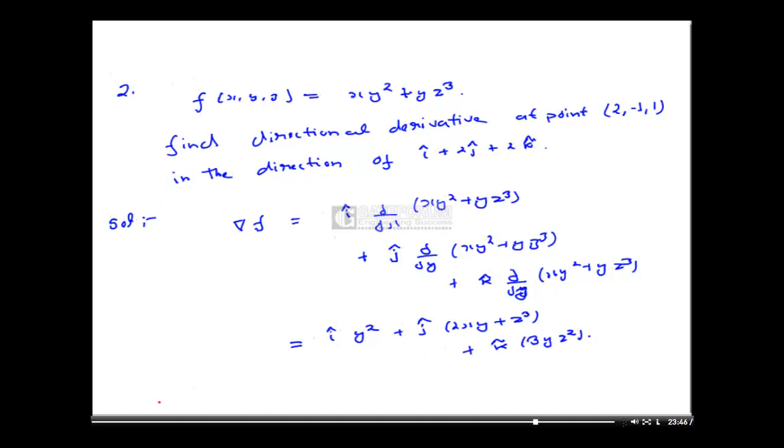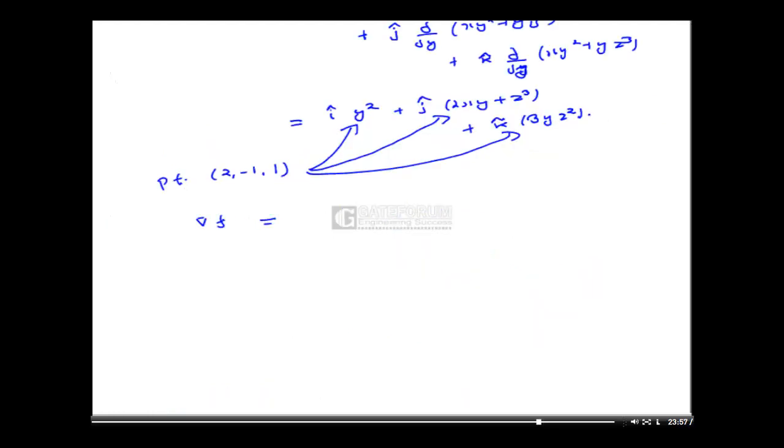On substituting the point (2, -1, 1) in the given gradient, I'll get delta f equal to i - 3j - 3k.